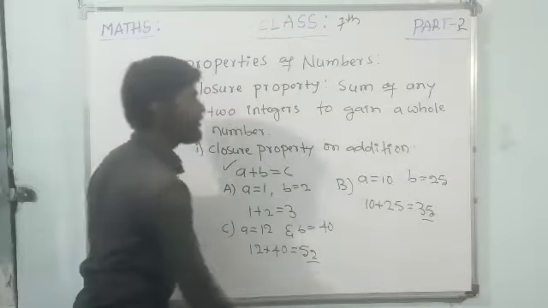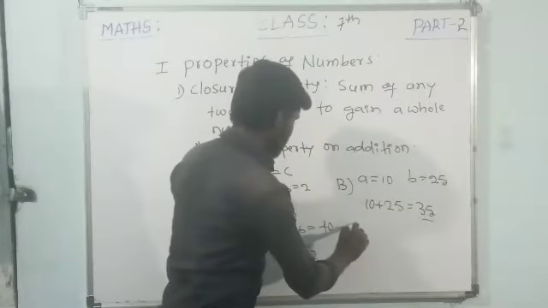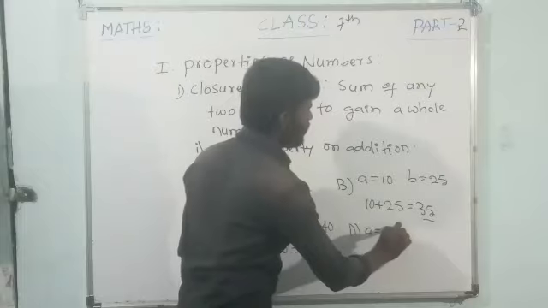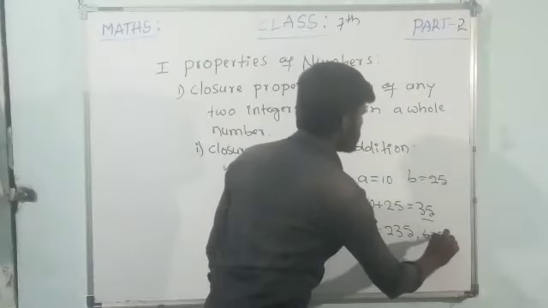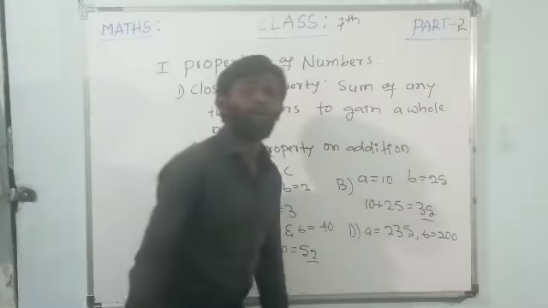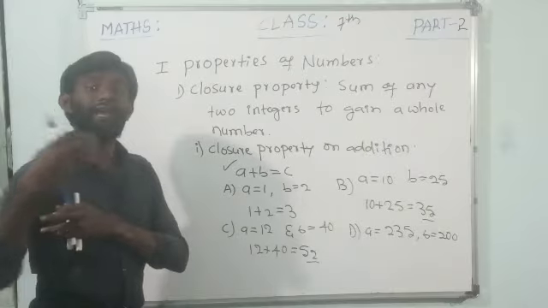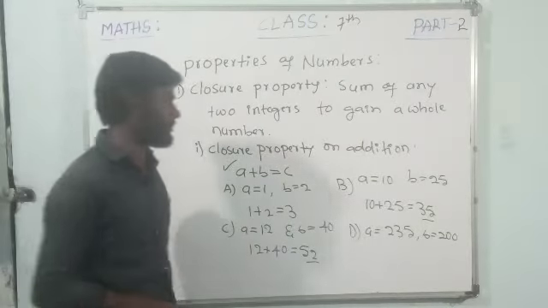This 52 is also a whole number. Then example D: if I take a is equal to 235 and b is equal to 200. You may take whatever numbers it may be, not only single digit or two digits. You can take any numbers which obey the closure property on addition.